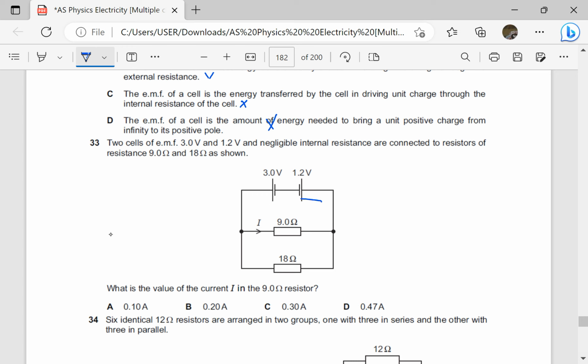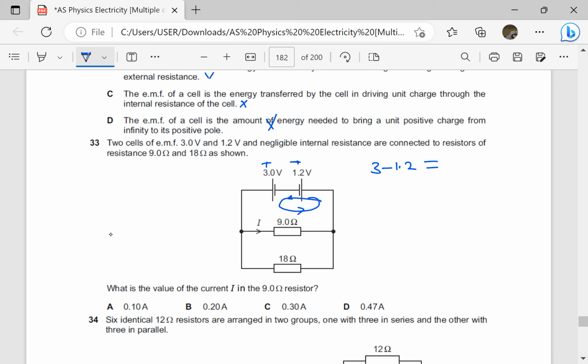So I'll just put a loop here in the upper part of the circuit. I'll put a loop which is anti-clockwise. So sum of EMFs, Kirchhoff's second law, sum of EMFs will be 3 minus 1.2 because when I move anti-clockwise, the EMF, this one will be negative and this one will be positive. That's why I'm saying 3 minus 1.2 should be equal to the sum of PDs.